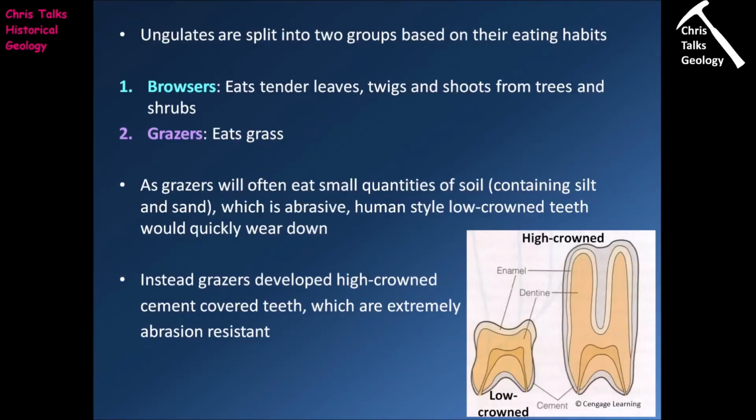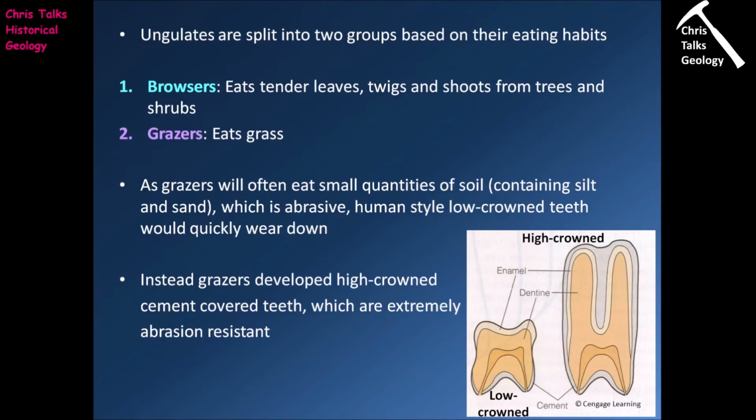The ungulates are split into two groups based on their eating habits. The first group are the browsers, and this group eats tender leaves, twigs and shoots from trees and shrubs. The second group are the grazers, and this group will primarily eat grass.